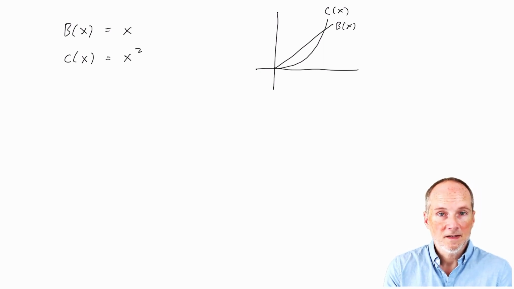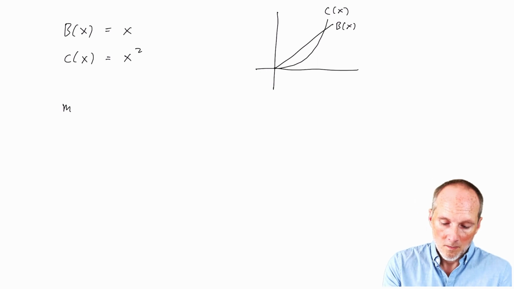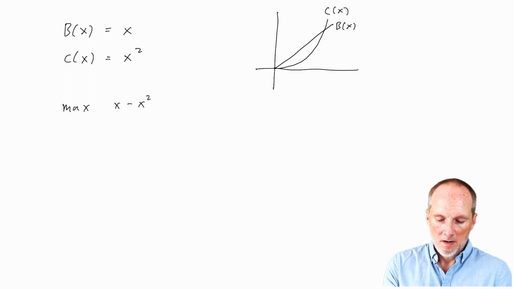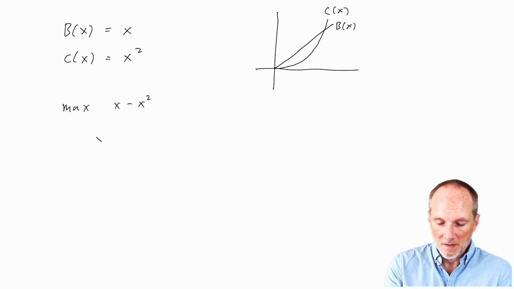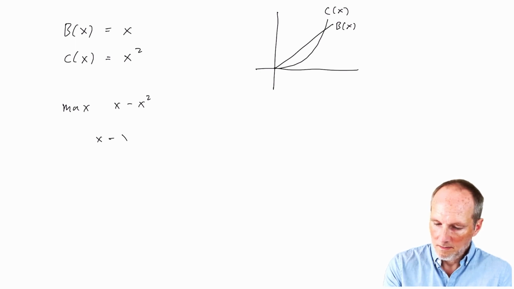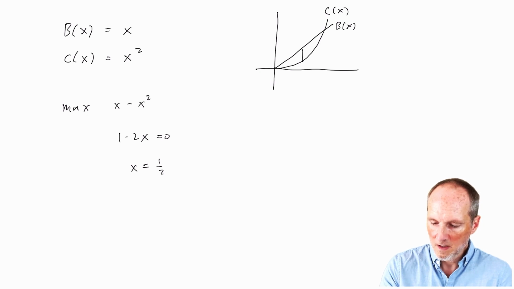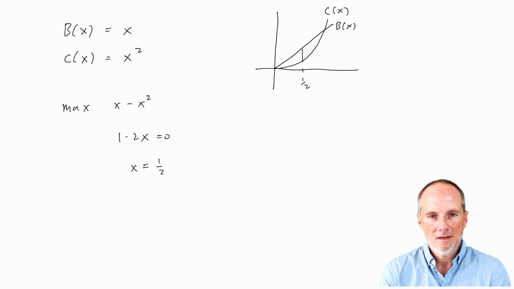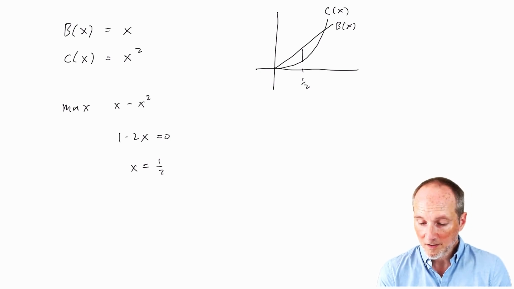For this special case, we want to maximize x minus x squared. Well, we already saw the derivative of this is just 1 minus 2x. That equals 0. So the optimal scale is 1/2. Okay, that's just applying the arithmetic from earlier.